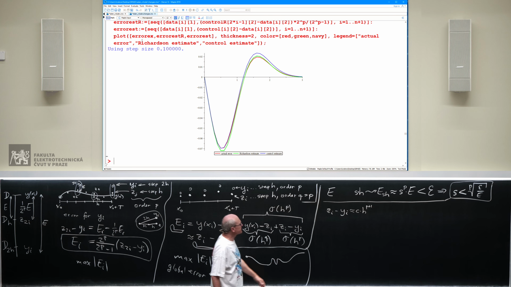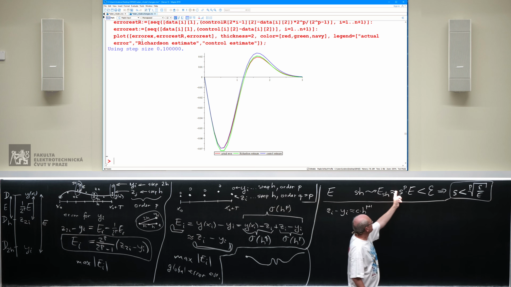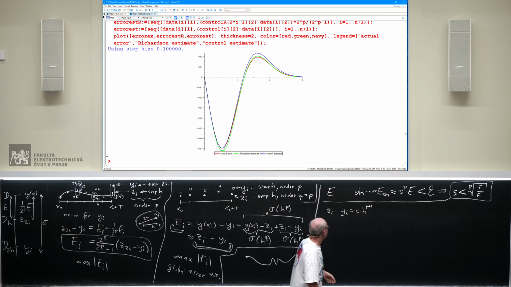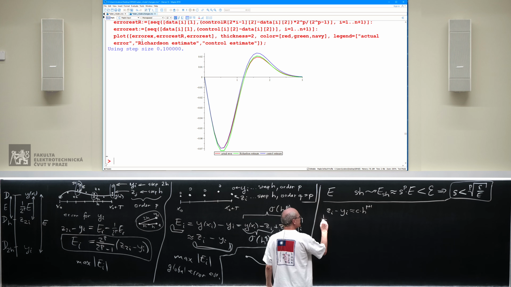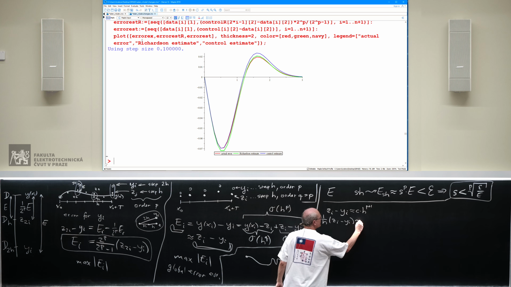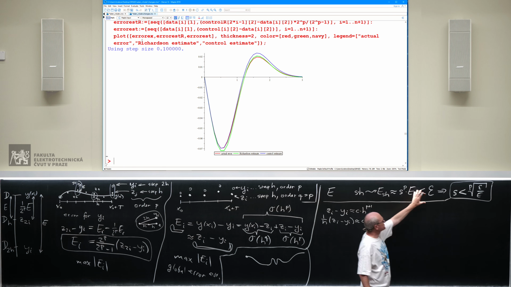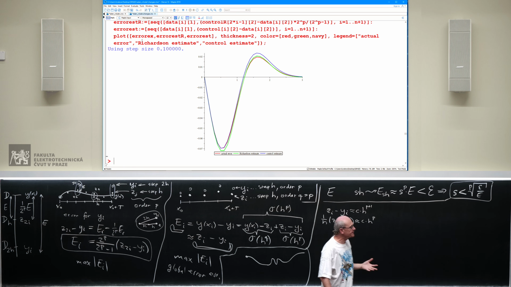Now we could use this in this reasoning to isolate an alternative formula for S, for the scaling of the step size. But what people typically do is that they divide by H, and then they get an expression which is of order P, and therefore they can apply this general approach, which is much more convenient.